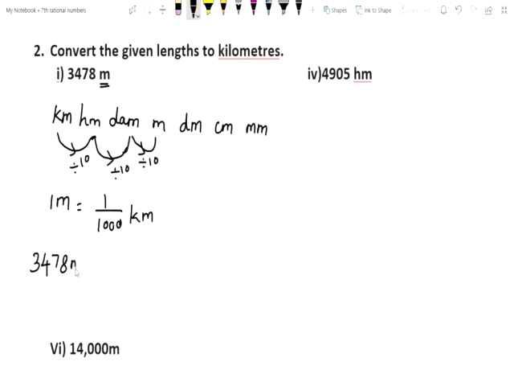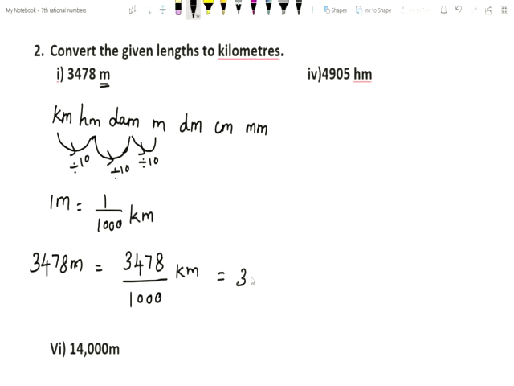So here how many meter is given? 3478 meter equal to 3478 divided by 1000. So you divide this here. How many zeros are there? 3 zeros are there. So you just keep the 3 decimal.